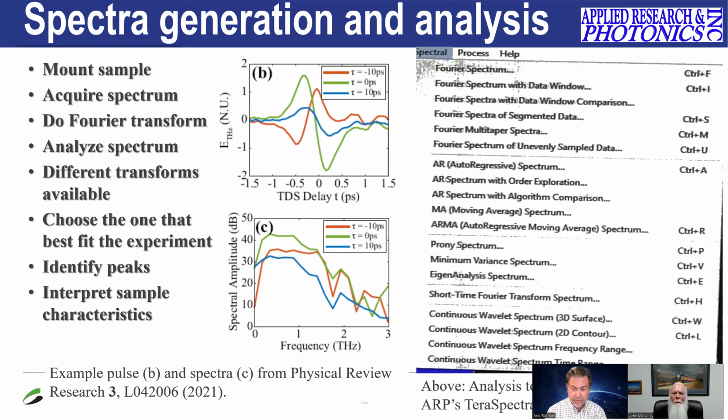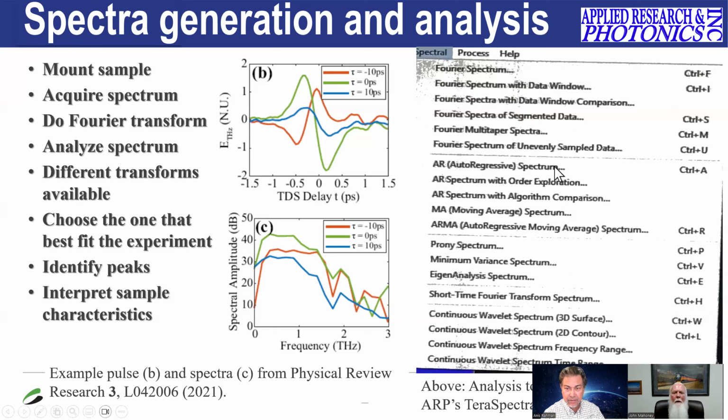NASA dealt with this problem a while ago because most of their extraterrestrial data were never equidistant, cannot be. So they came up with this Fourier spectrum of unevenly sampled data, and we have learned from them, taken pages from their book, and included it in our software.